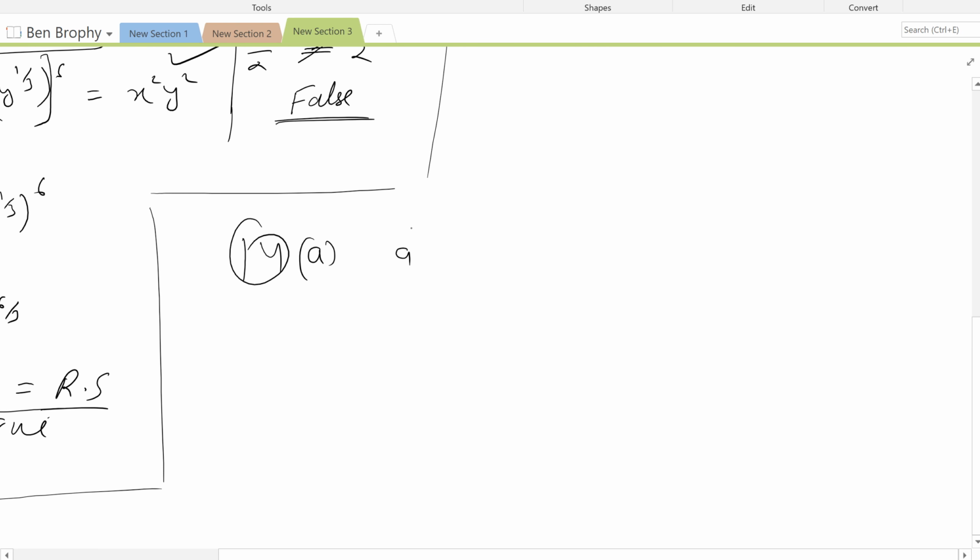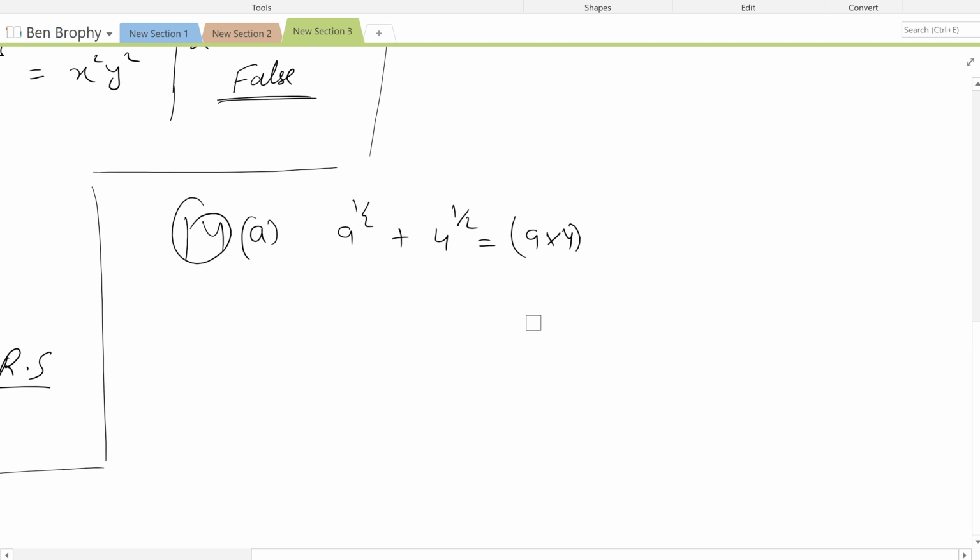That's 14A. It's this one, so power 1 over 2.